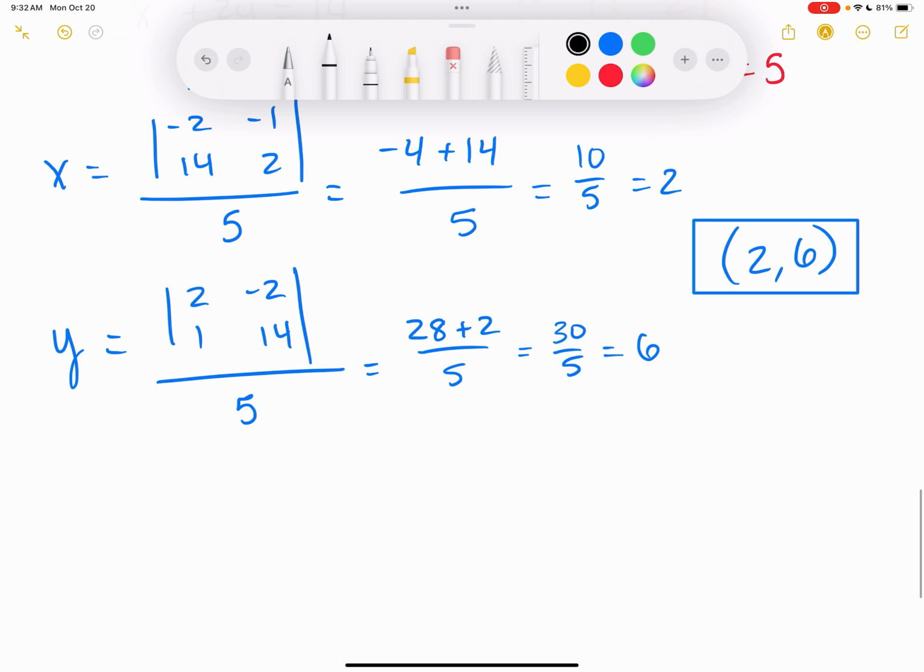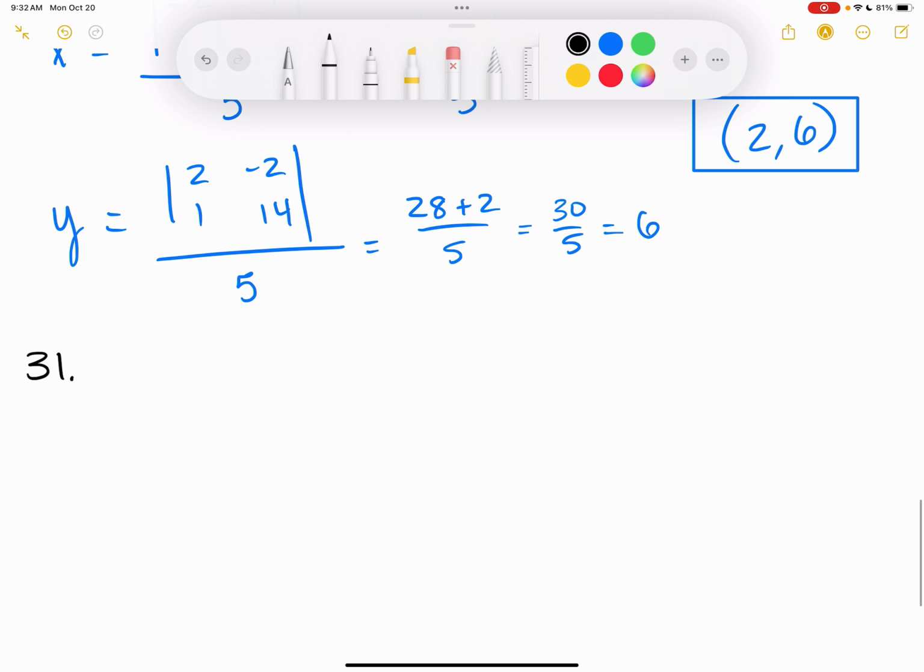All right, I'm going to do an odd one because the rest of them are 3 equations and 3 unknowns that are even. So 31. 5x plus y equals -40. And 2x minus 5y equals 11.